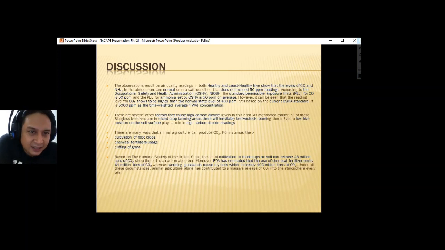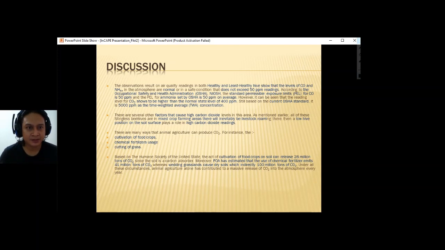The healthy and least healthy hives show that the levels of CO and NH4 are normal, as they do not exceed 50 ppm, because according to the NIOSH standard, the permissible exposure limit (PEL) for CO and ammonia is on average 50 ppm.